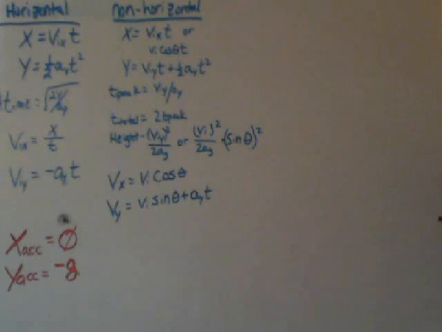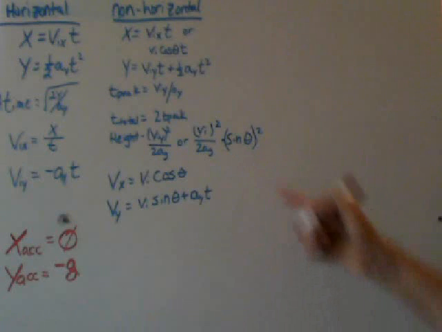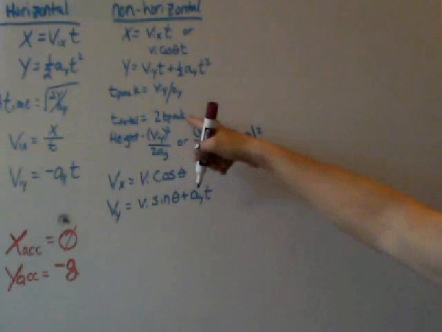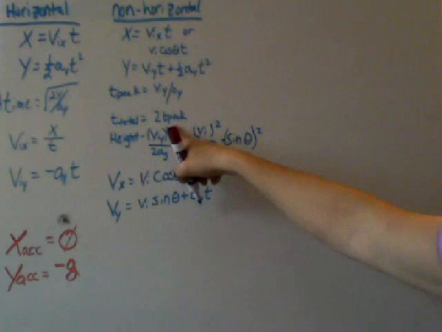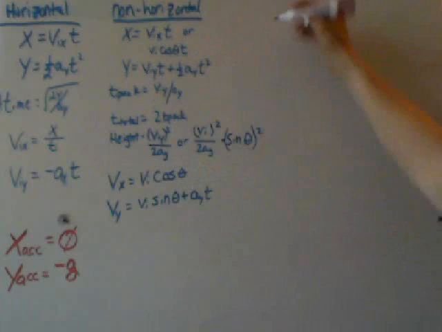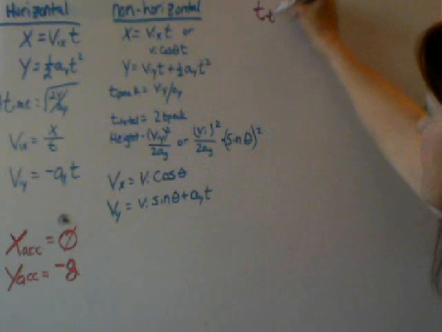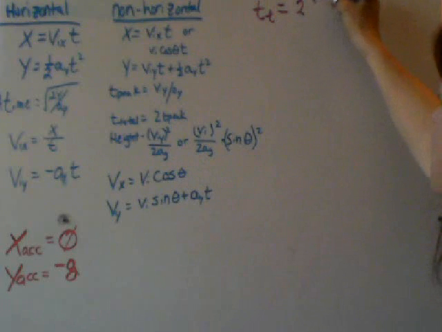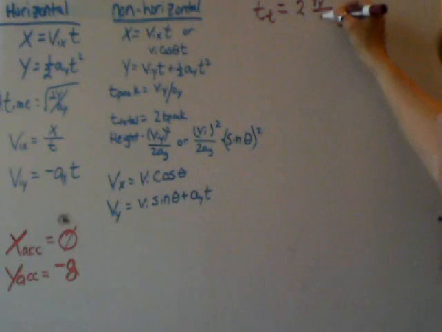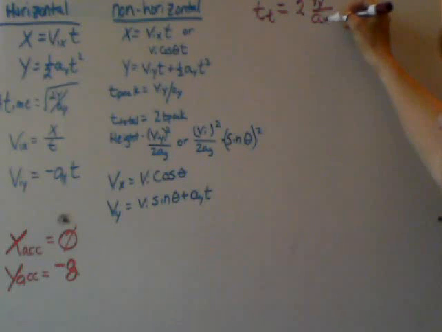And so we can look at our equation for the time total, which is going to be 2 times the time at peak. So we know that time total is also going to equal 2 times the velocity in the y direction divided by the acceleration in the y direction.